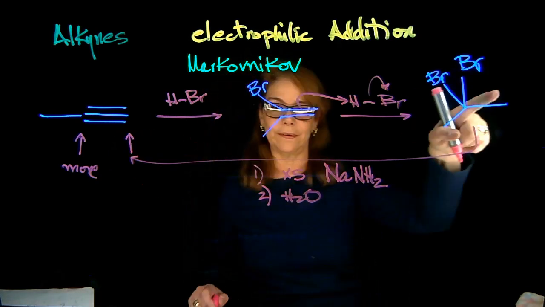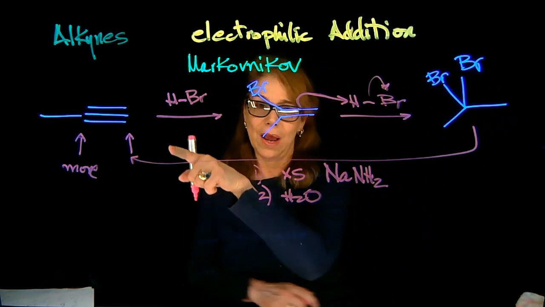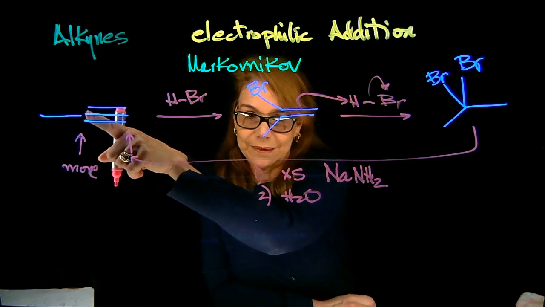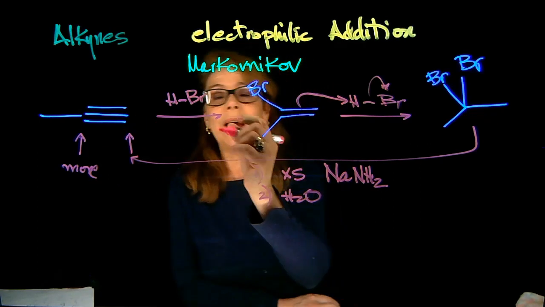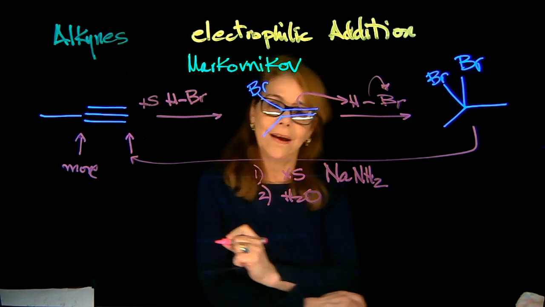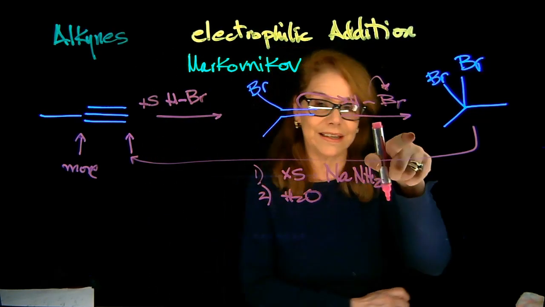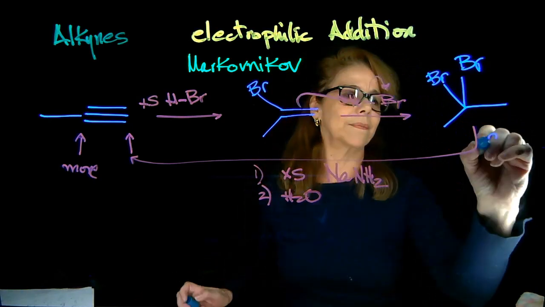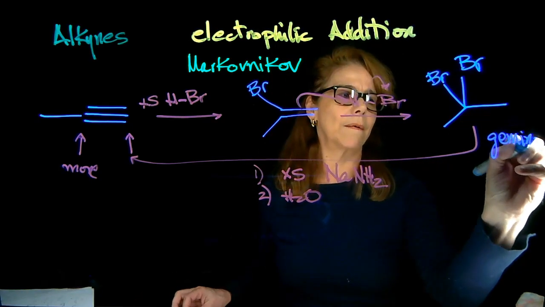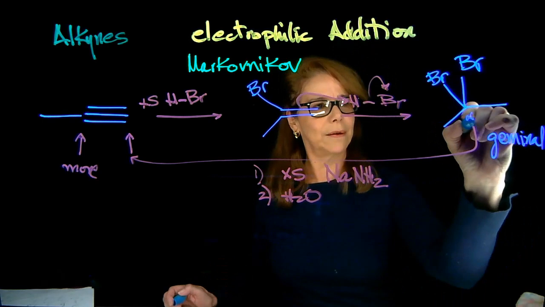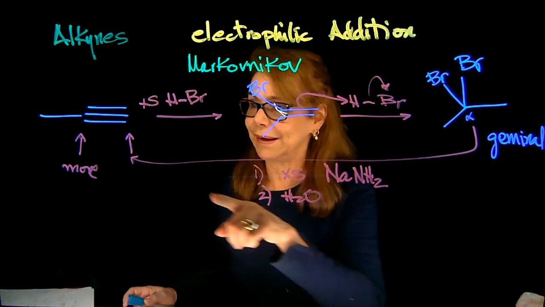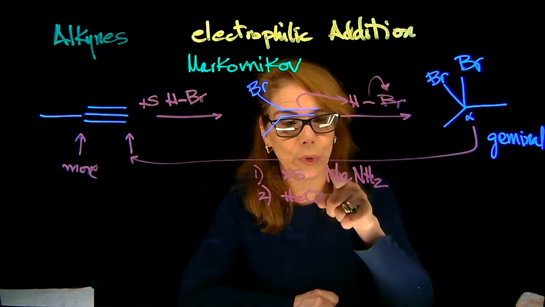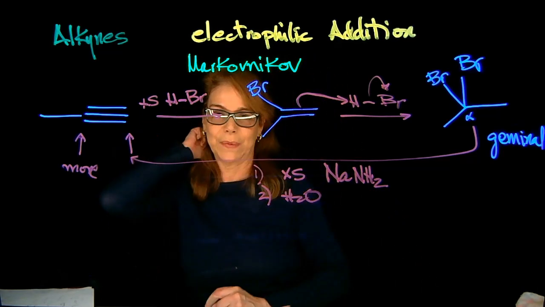So moving in the forward direction, we have two additions, Markovnikov fashion, H at the least substituted, bromine at the more substituted. If we have an excess of that reagent, it happens once, then it can happen again, and you form this geminal dihalide that can undergo, that's my alpha carbon, two consecutive beta eliminations with sodium amide to give me the alkyne.